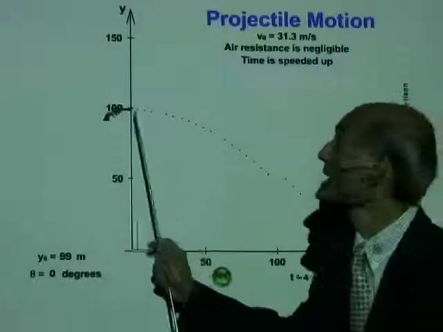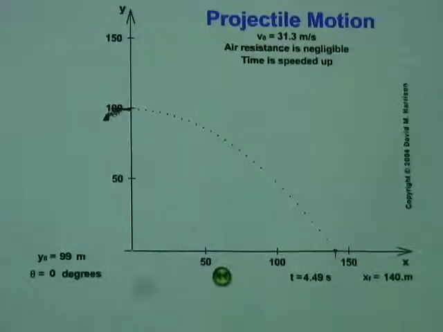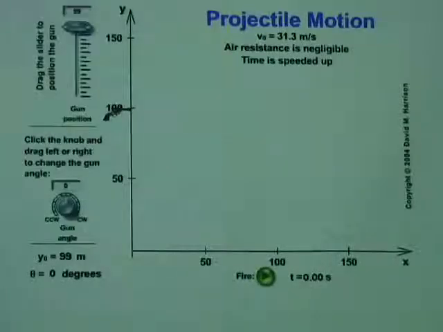Alright, let's experiment some angle projection. Well, let's reset it and change the angle. Let's say the angle is 20, well, let's make it 25 degrees. There you are. The angle of projection is 25 degrees.